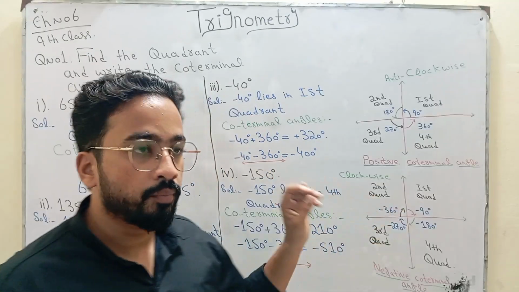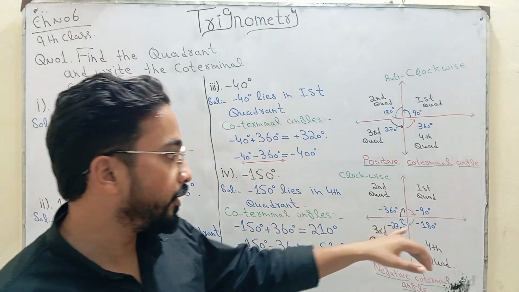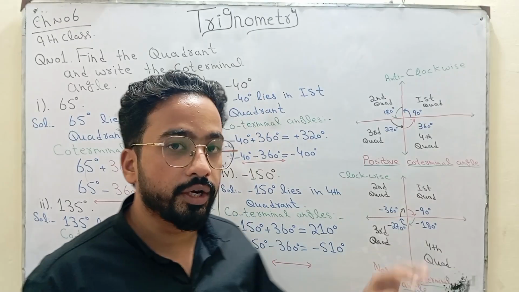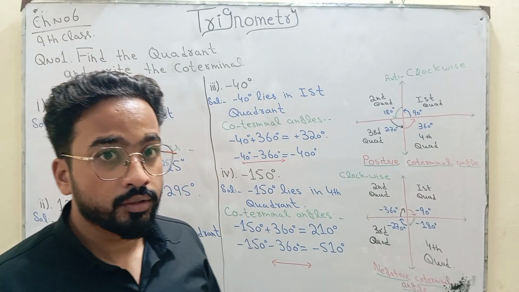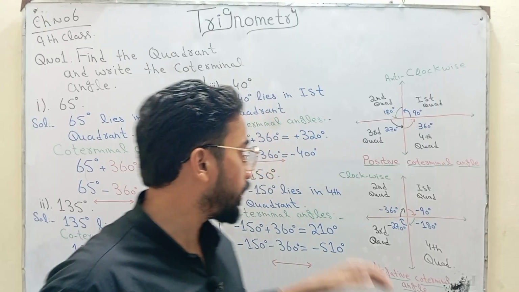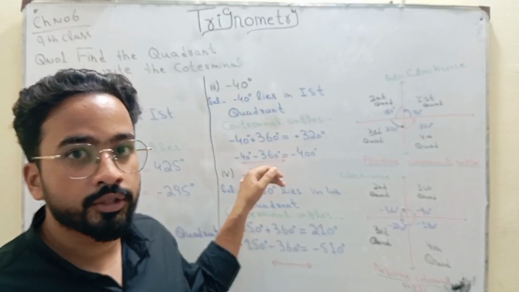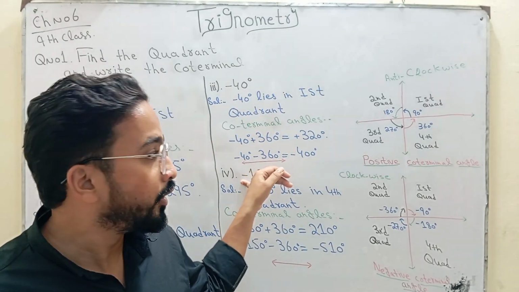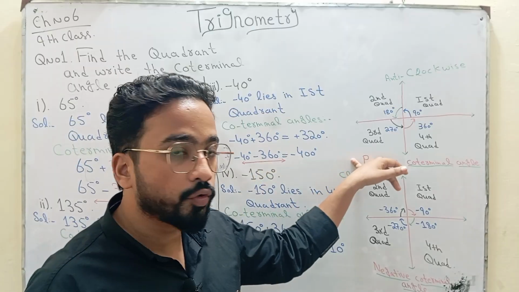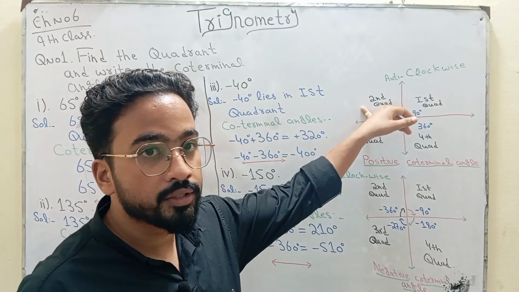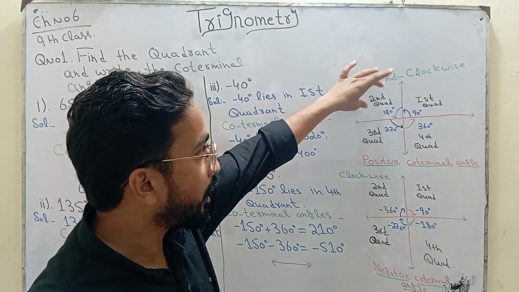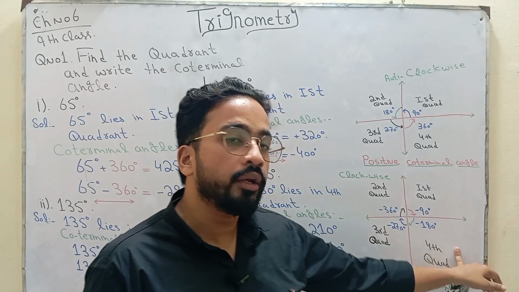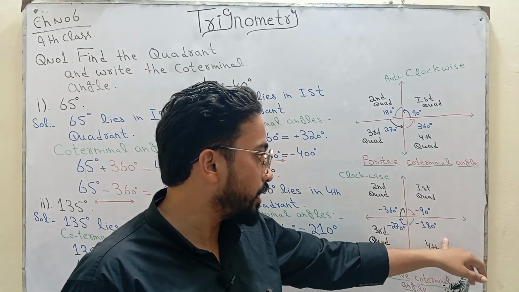Our minus 150 angle lies between minus 90 and minus 180. So our quadrant is the fourth quadrant. Here is a point. If our angle is positive, with a positive sign and 150 degrees, then we see where it lies in the positive direction. Our angle lies in the second quadrant because 180 degrees lies there. But in this case, our angle lies here.